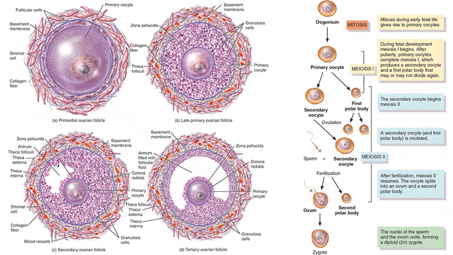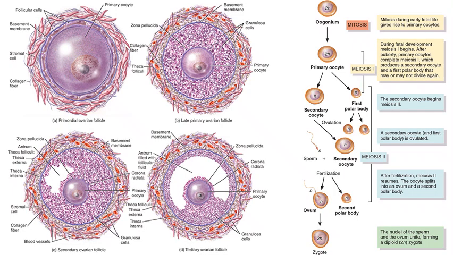Each primary ovarian follicle consists of a primary oocyte surrounded in a later stage of development by several layers of cuboidal and low columnar cells called granulosa cells. The outermost of those granulosa cells rest on a basement membrane. As the primary ovarian follicle grows, it forms a clear glycoprotein layer called the zona pellucida, and this occurs between the primary oocyte and granulosa cells.